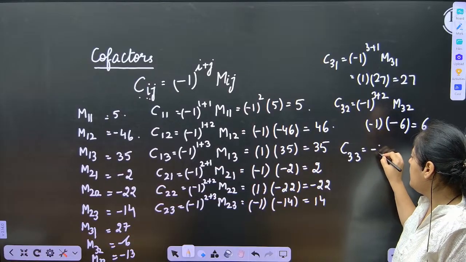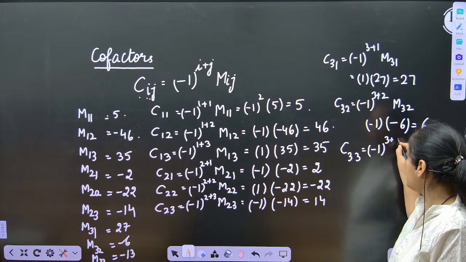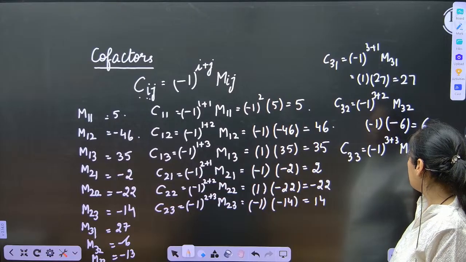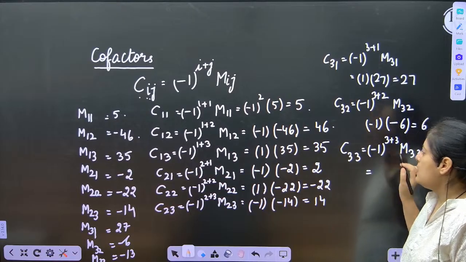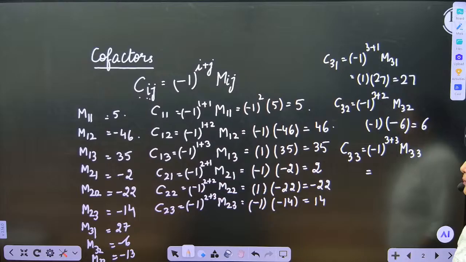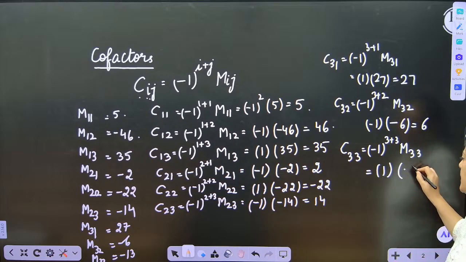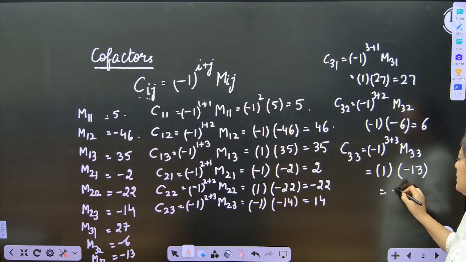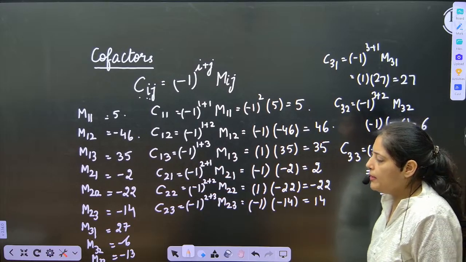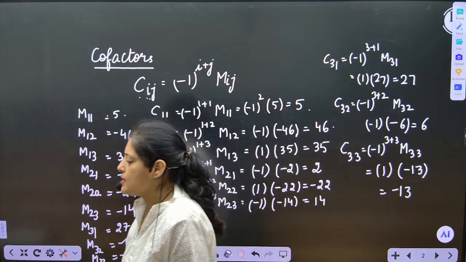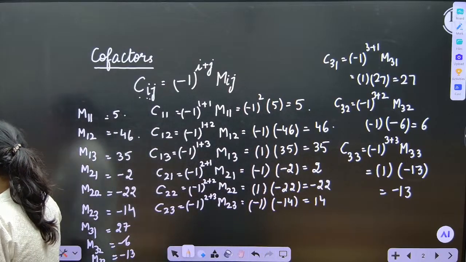C33: minus 1 raised to 3 plus 3, M33. Power is even now. It will become plus 1. M33 is already given to us as minus 30. When you multiply them, it will come out to be minus 30. Note it.